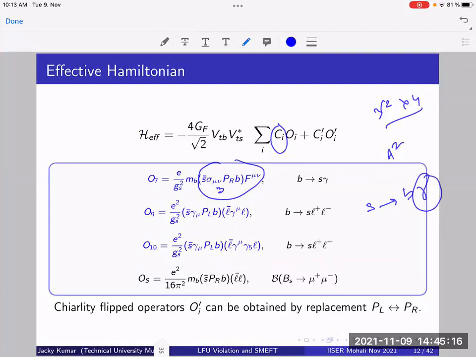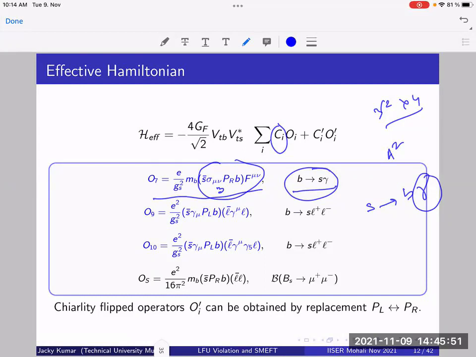It couples to e, mu, and tau equally, and in the standard model it's universal. But it's possible that beyond the standard model you can have a universality violation in this operator. However, as I said, these are very severely constrained by B to S gamma processes. So even if you allow new physics, their values are very small, very tightly constrained.